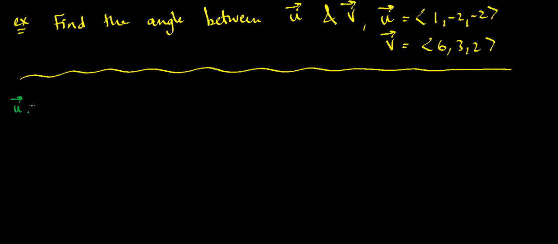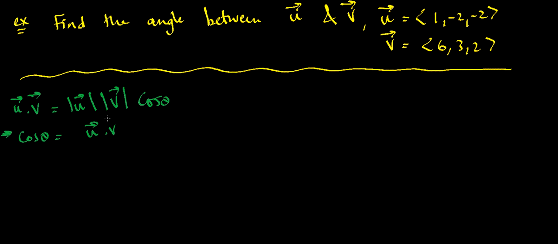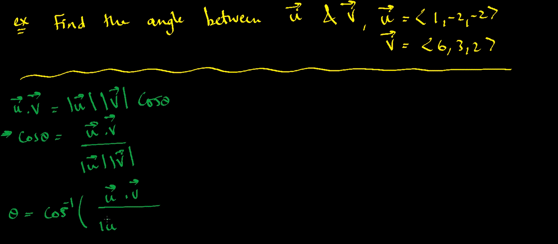It says that u dot v is equal to the magnitude of u times the magnitude of v cosine theta. I can rewrite this by saying that cosine theta is equal to u dot v over the magnitude of u times the magnitude of v. Then I can say that theta is equal to cosine inverse of u dot v over the magnitude of u times the magnitude of v.